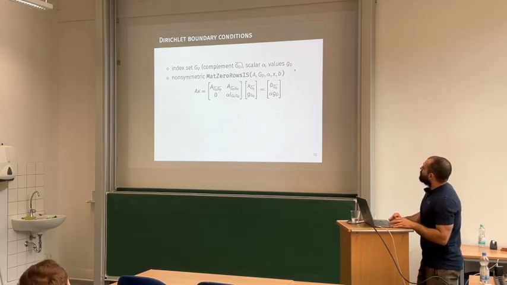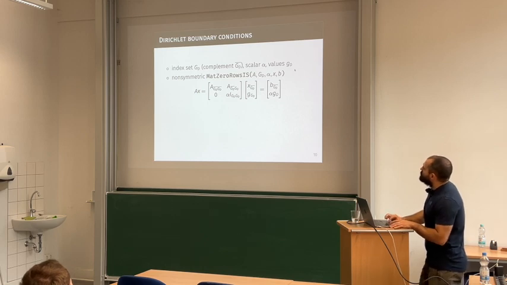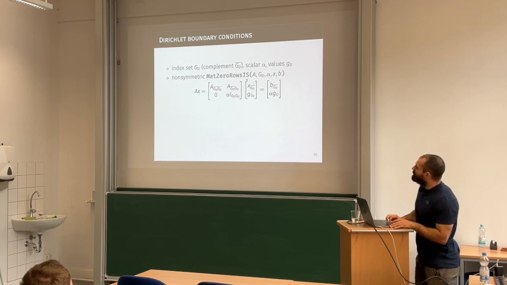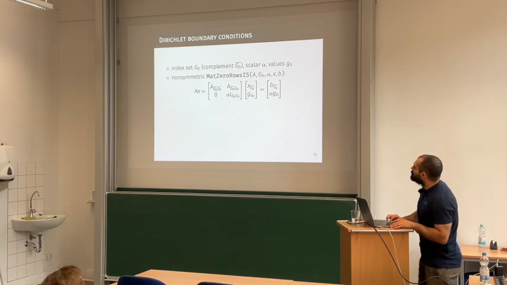So in PETSc, there is a utility routine which is called MatZeroRowsIS. And as its name suggests, it basically takes your operator A, and it will zero out the rows associated to Dirichlet boundary condition.